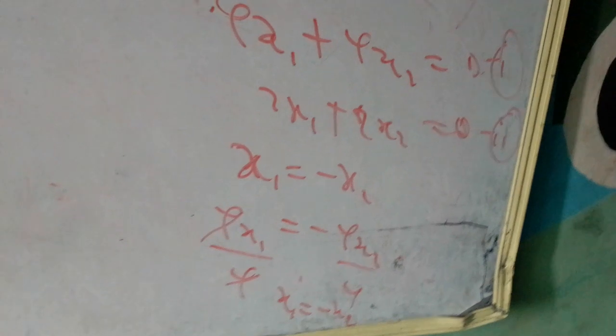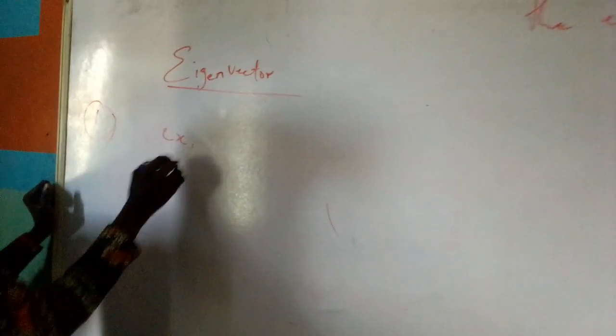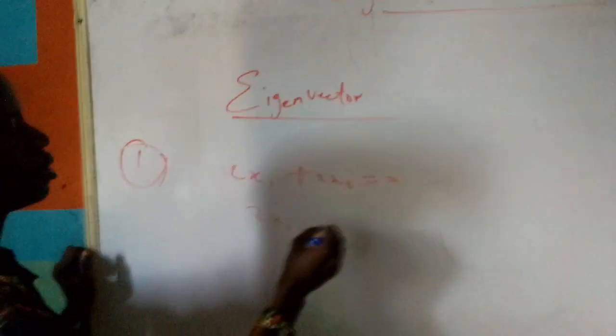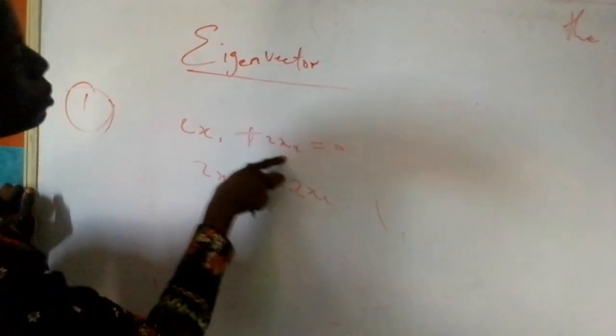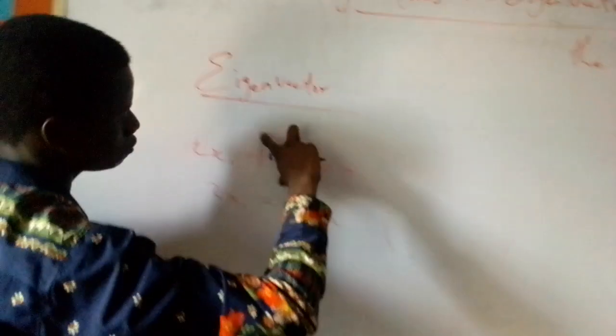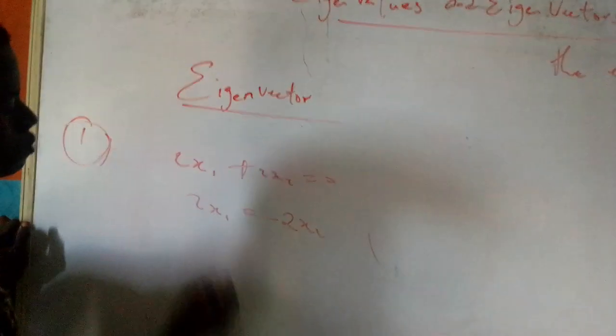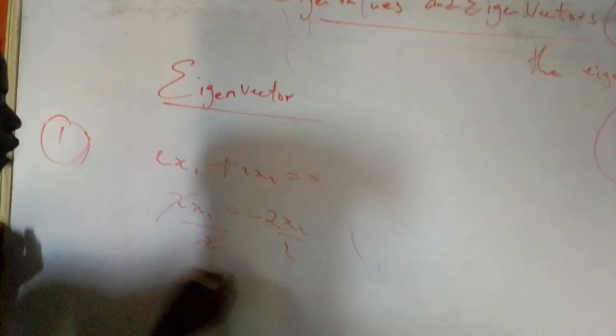We have 2x1 plus 2x2 equals 0, so 2x1 equals negative 2x2, because bringing the positive 2x2 over makes it negative. Dividing both sides by 2, we have x1 equals minus x2.